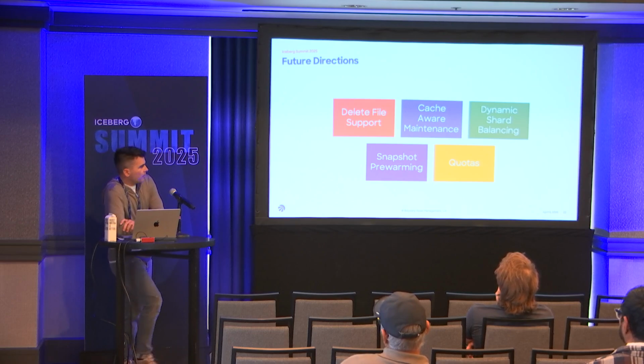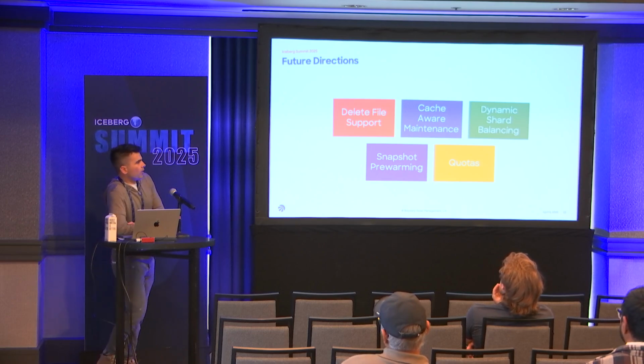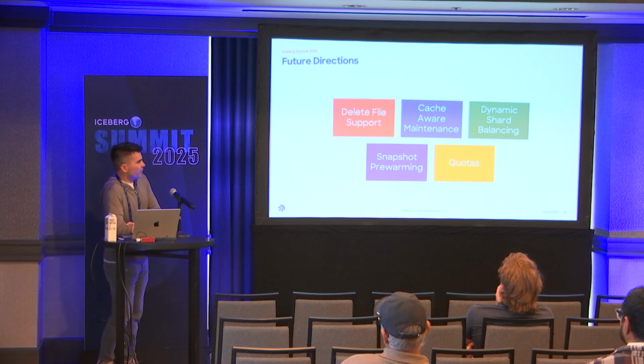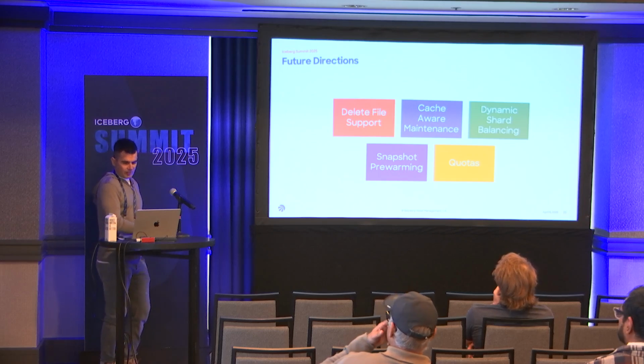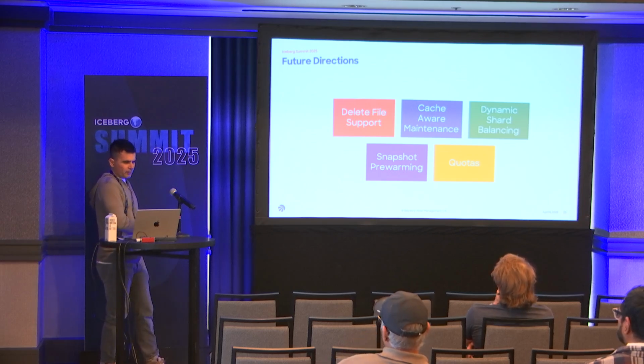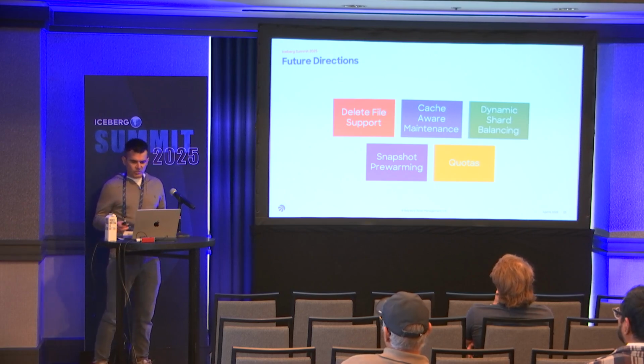One other thing that we would really like to see, I think Ryan again hinted on this morning, is more cache awareness. And what I'm referring to here with cache-aware maintenance is really the rewrite manifests and rewrite data files jobs.